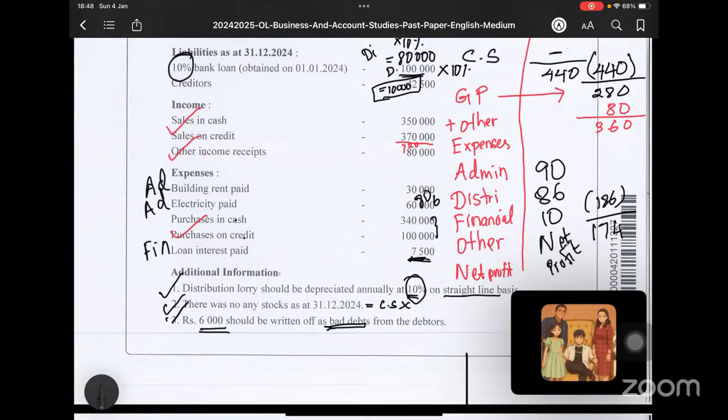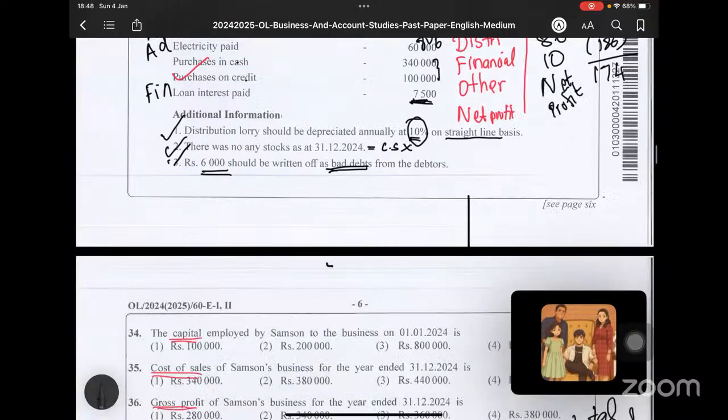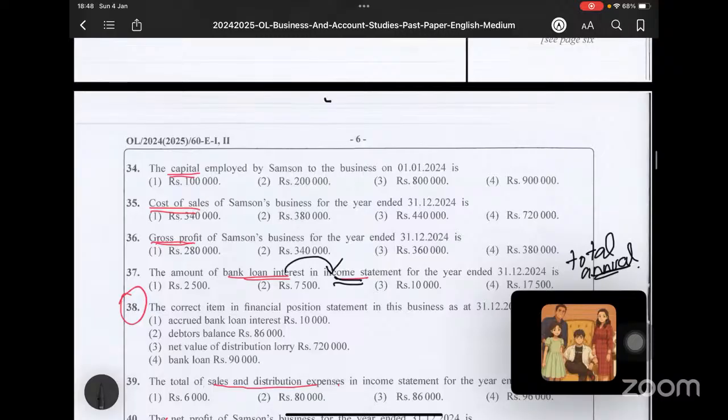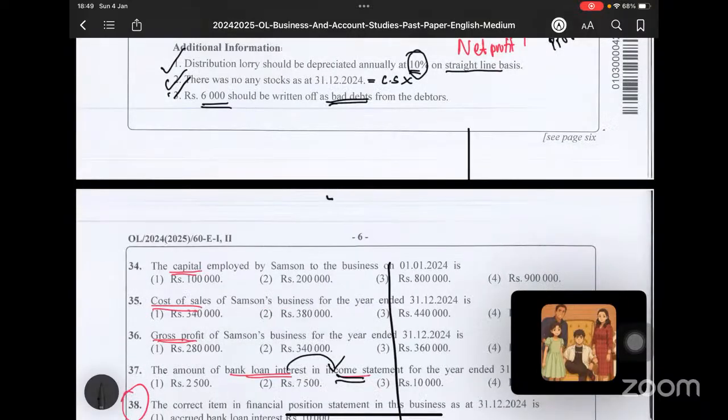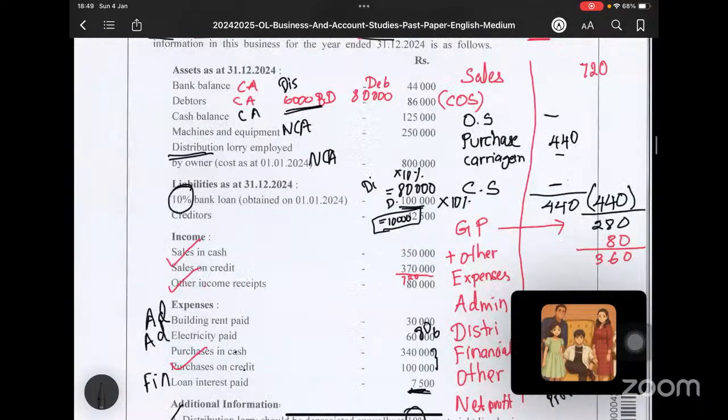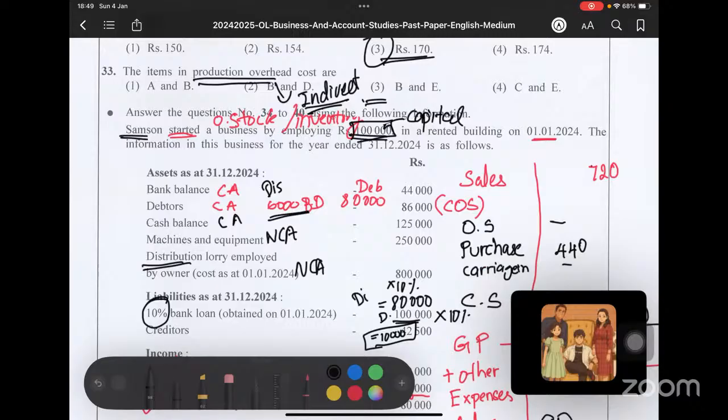So now we're going to move on to the questions. Okay, the first question they are asking is the capital employed by Samsung in the business on 1st January 2024. Capital employed means how much capital the owner has invested into this business. So he has invested 100,000 here.